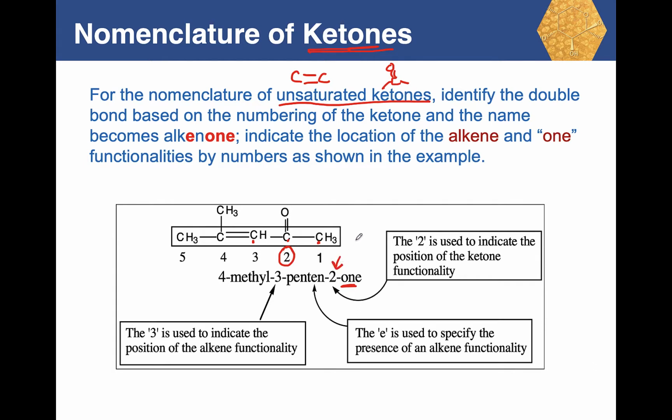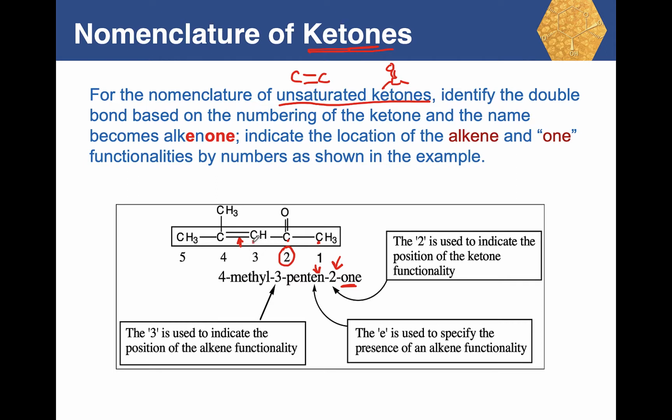In this case, it's on carbon number 2, so it's a 2-one. Notice we have to break the name up. We have to split the name because it becomes very complex if we write it all in one word. But here's the E. This E here is to represent this carbon-carbon double bond. Make sure you put that E in and not an A, because that E represents the double bond. What's the location of that double bond?